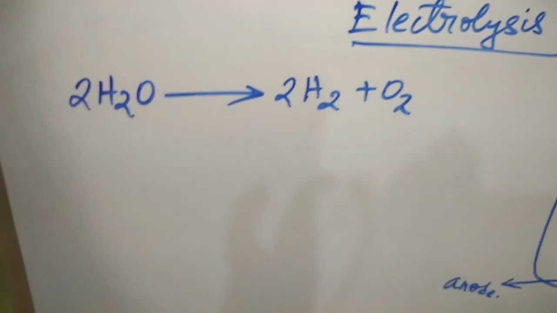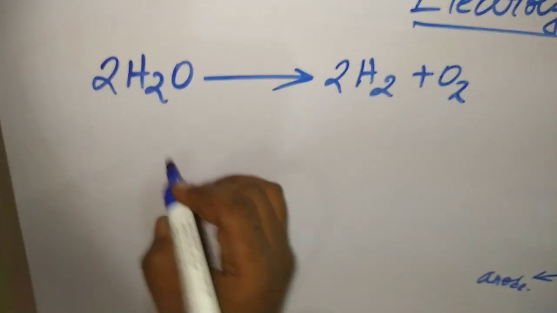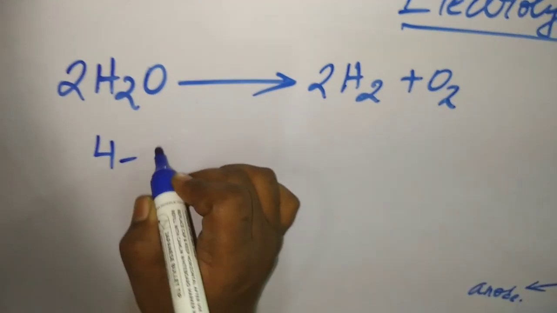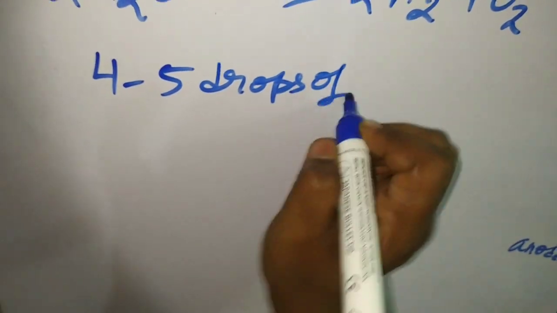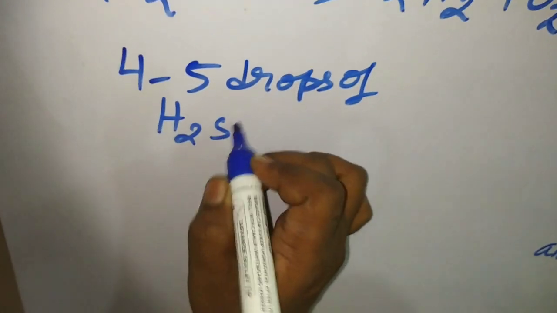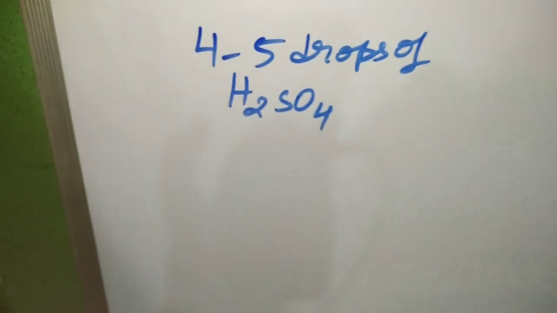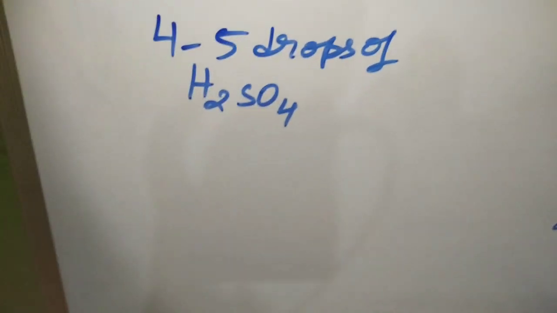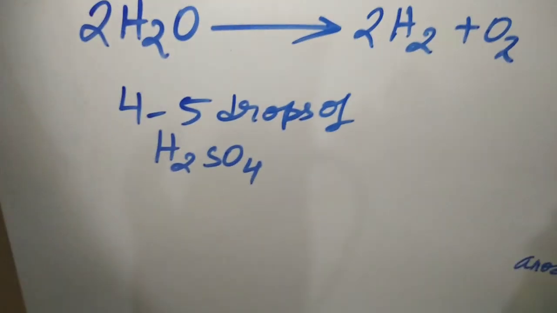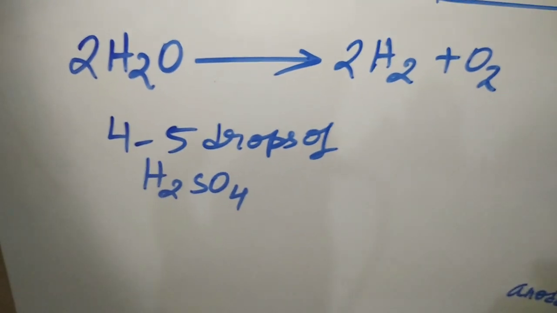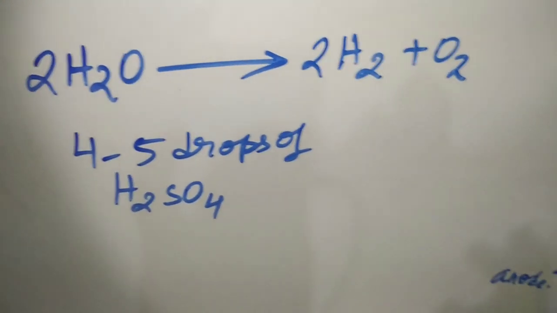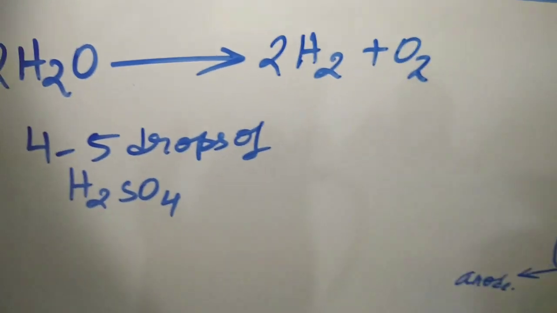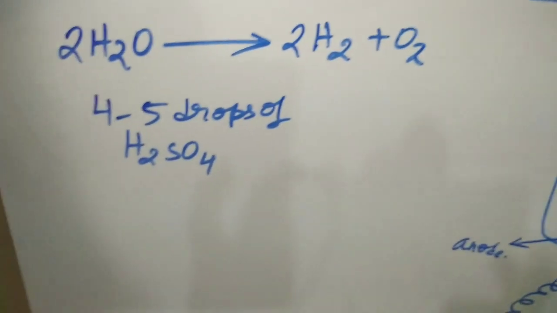So I will drop 4 to 5 drops of H2SO4, sulfuric acid, which will break down into ions and become a good conductor of electricity. After that, electricity can pass through it and the electrolysis reaction can begin.